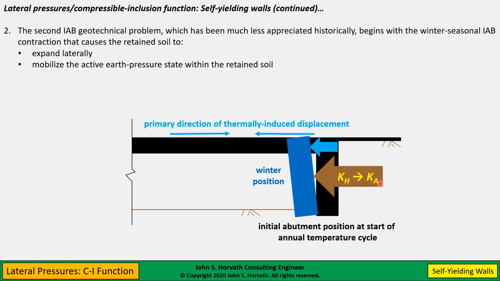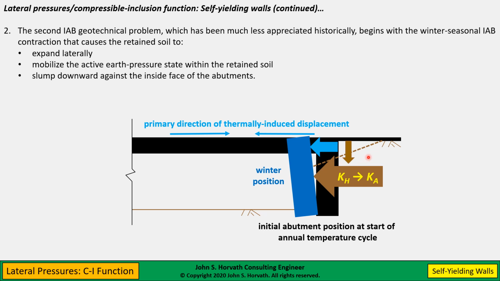So you might say, well, that's a good thing. Yeah, but the bad thing is that we're going to have soil that slumps downward against the inside face of the abutment. So yes, the reduction of earth pressure is not bad. It's a good thing, if you will. But the fact that we're pulling the abutment away from the soil is going to allow the soil to slump downward.